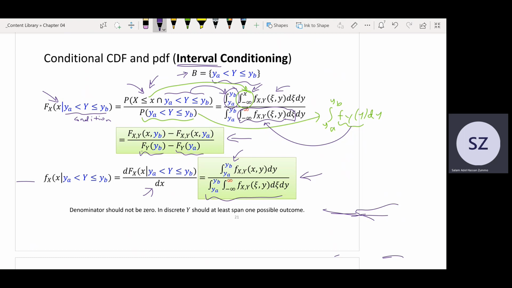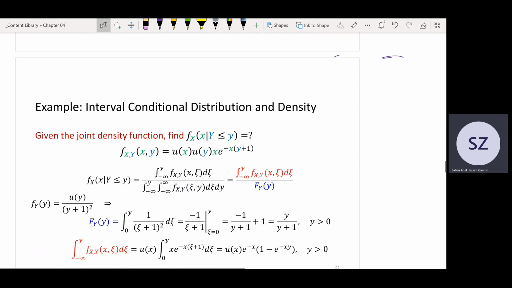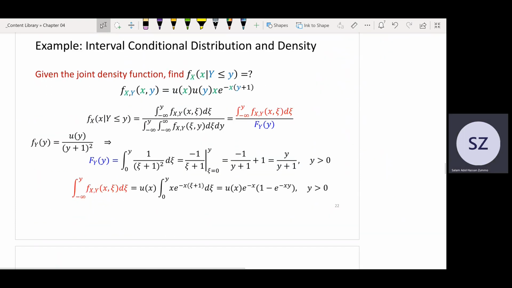So we stop here. Today, inshallah, we'll take more examples, and then we'll talk about what we call statistical equivalence between two arguments. For the interval conditioning, we have here the joint density function as this, the same example that we did last time.